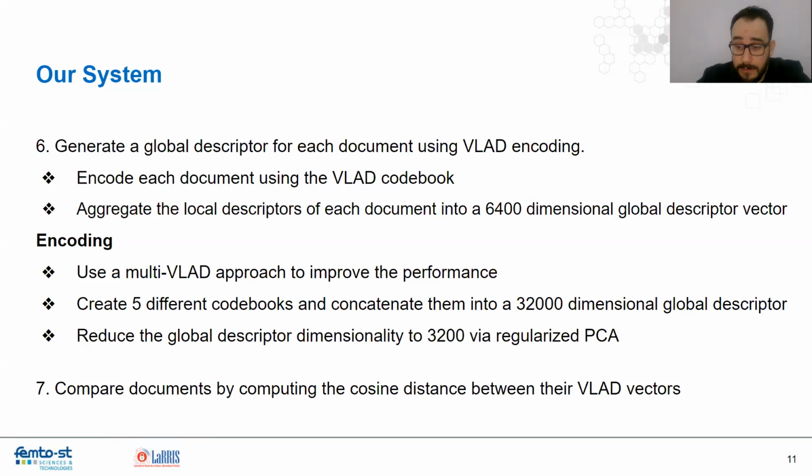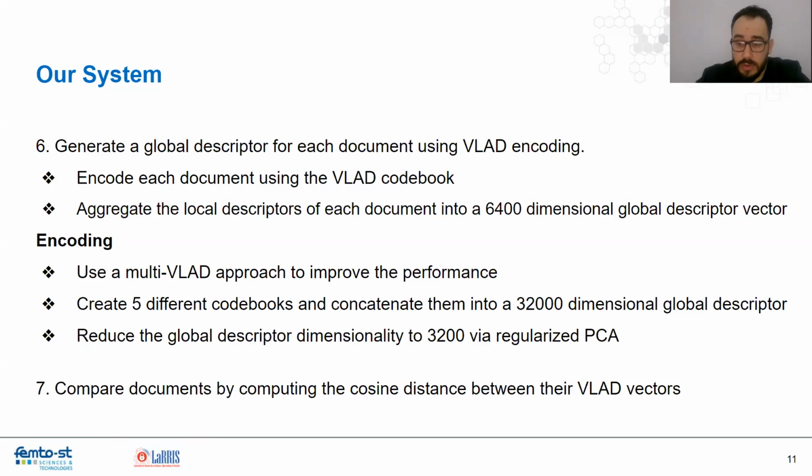In this approach, in the encoding, we used a multi-VLAD. We used five VLAD encodings, five codebooks. And finally, after doing the VLAD for five different codebooks, we concatenate them into one global descriptor. So 6,400 times 5 is 32,000.